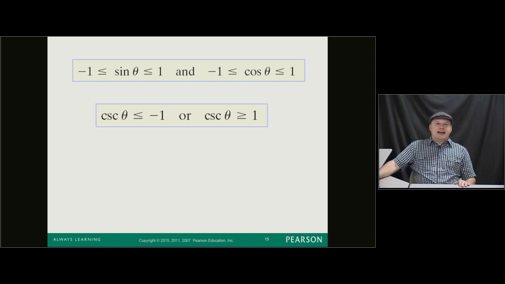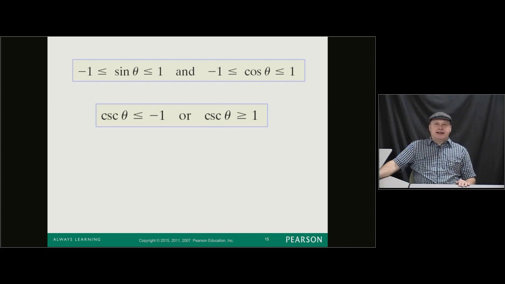So, for example, if the sine of theta is 1, the reciprocal, cosecant of theta, will be 1. But say sine of theta is 1/2, because it's between negative 1 and 1, then the cosecant will be 2.